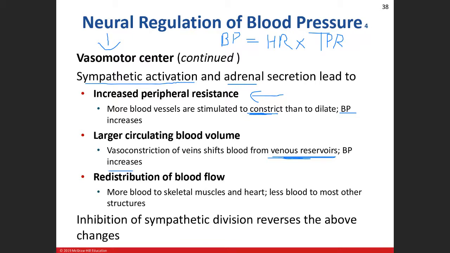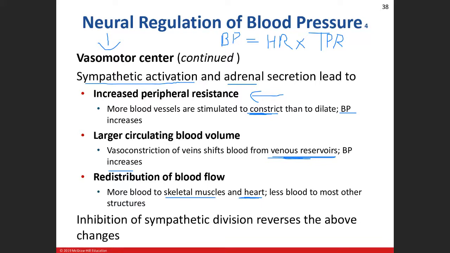Okay? And then we also have redistribution of blood flow. This is another effect that the vasomotor center has. Depends on what tissues are really requiring for their metabolic activities. But we'll see, when we have more blood heading to the skeletal muscles and to the heart, we'll see the blood moving. For example, when you're working out, and I think I talked about this last class, you just had a big meal, okay?